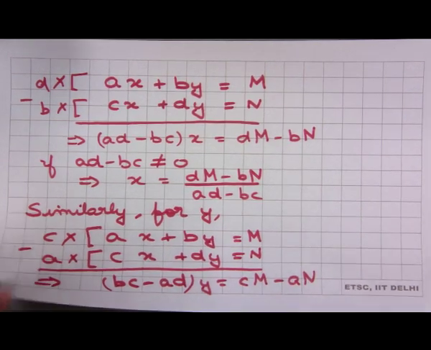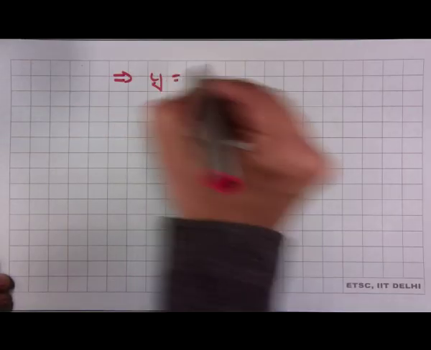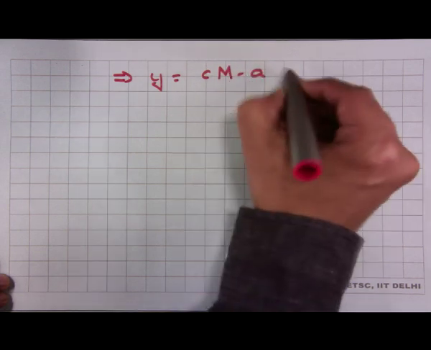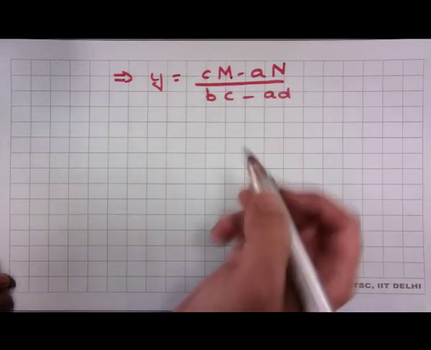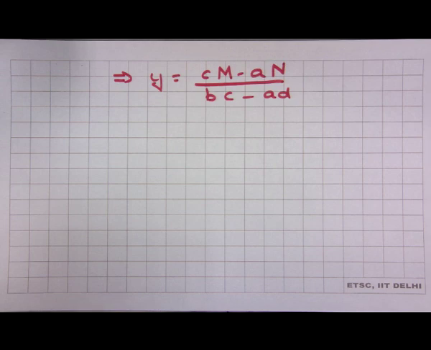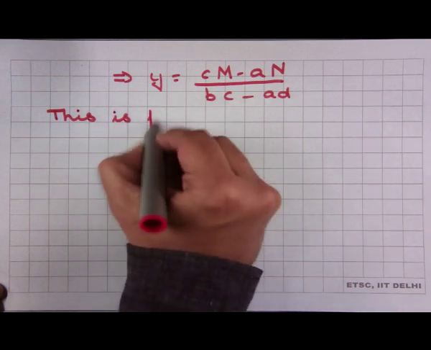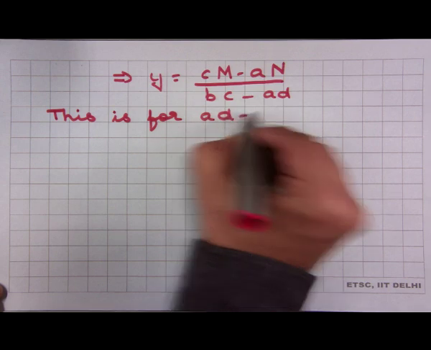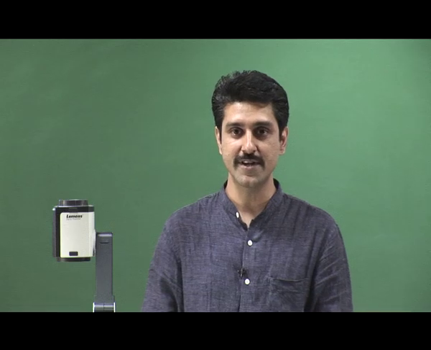Okay, and then writing down, this is y equal to Cm minus An by Bc minus Ad. Again, this is for the case where this number AD minus BC is not 0, because division by 0 is not defined.